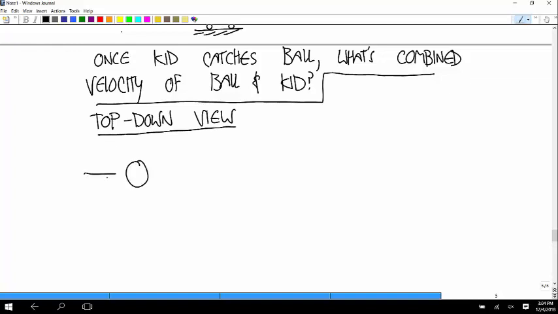Here's the ball coming in at 5 meters per second. Here's the kid from above. And I'll use a coordinate system like this.